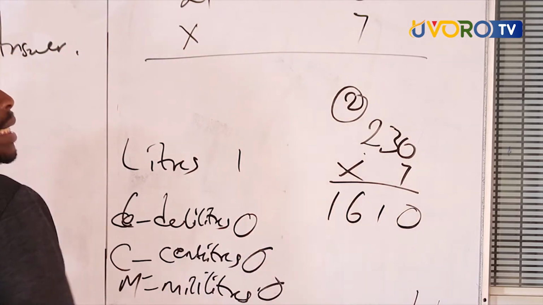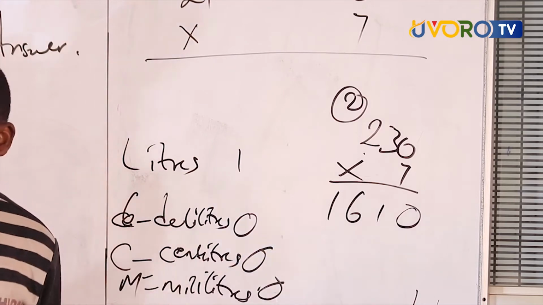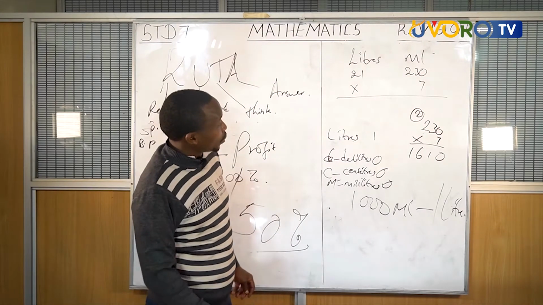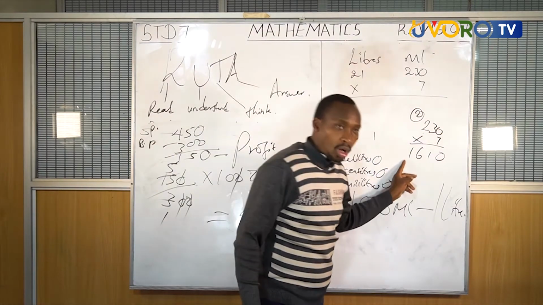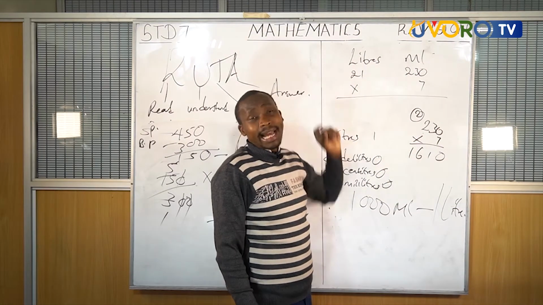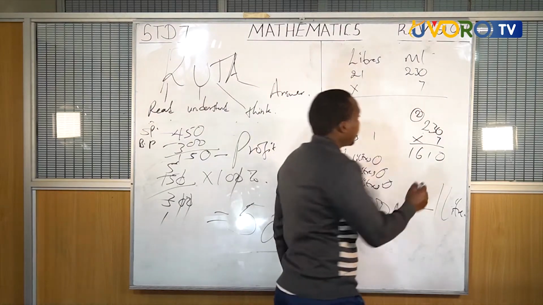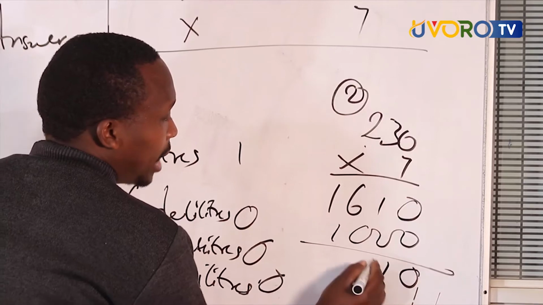Are we supposed to write 16 there? If it reaches 1,000, we must subtract the 1,000. Because 1,000 milliliters gives us what? 1 liter. So this is past 1,000. So subtract the 1,000.